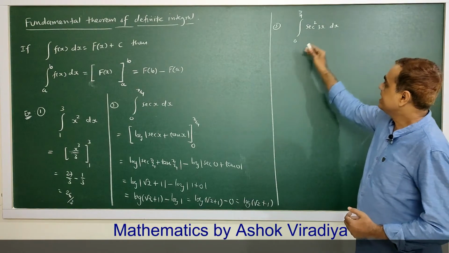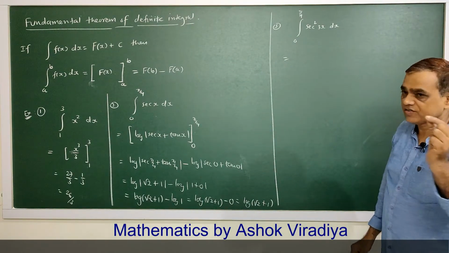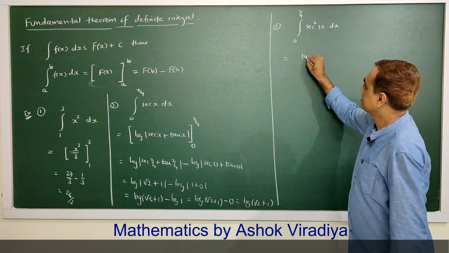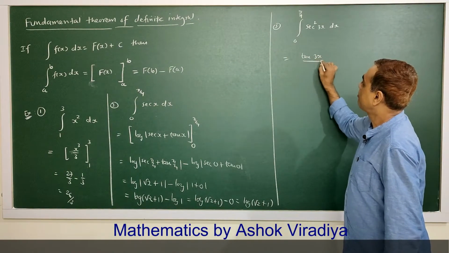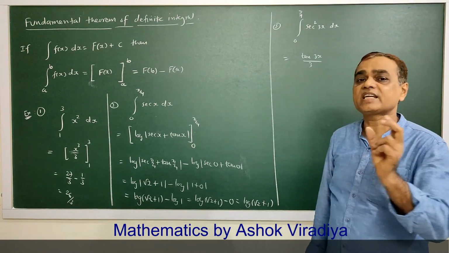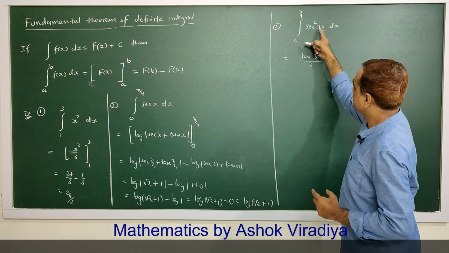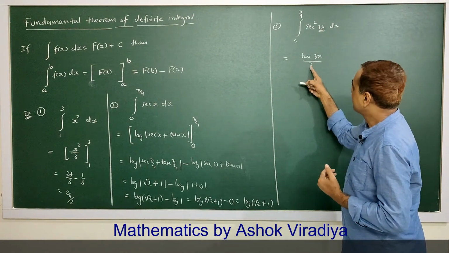Now the integral of sec square 3x is tan 3x upon 3. The integral of sec square x with respect to x is tan x. But because this is 3x, the coefficient of x is 3, divided by 3.